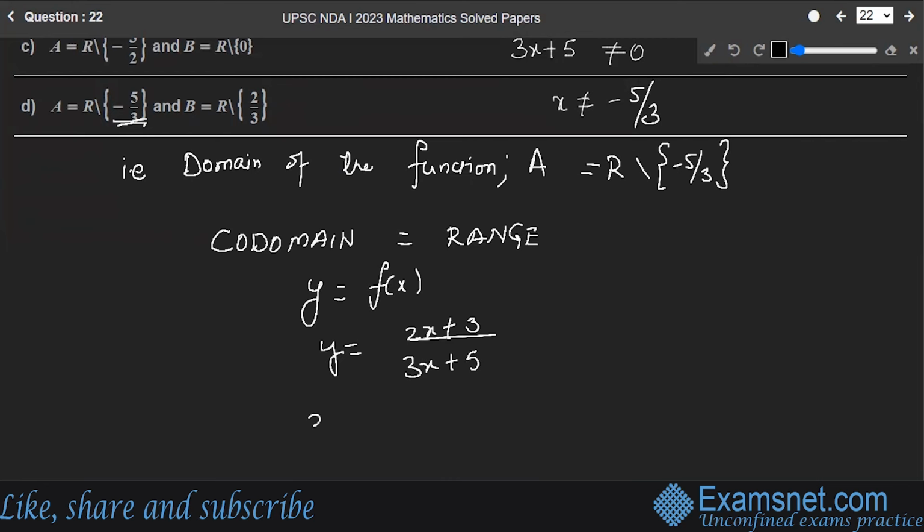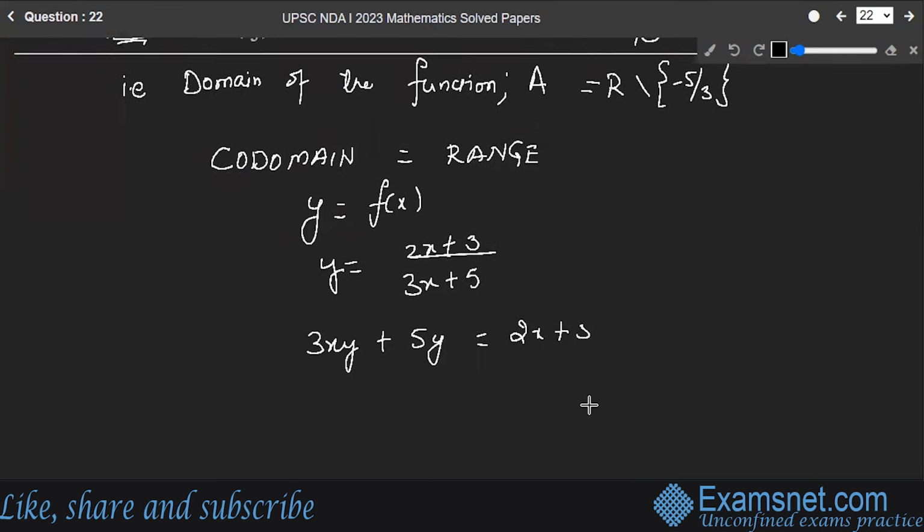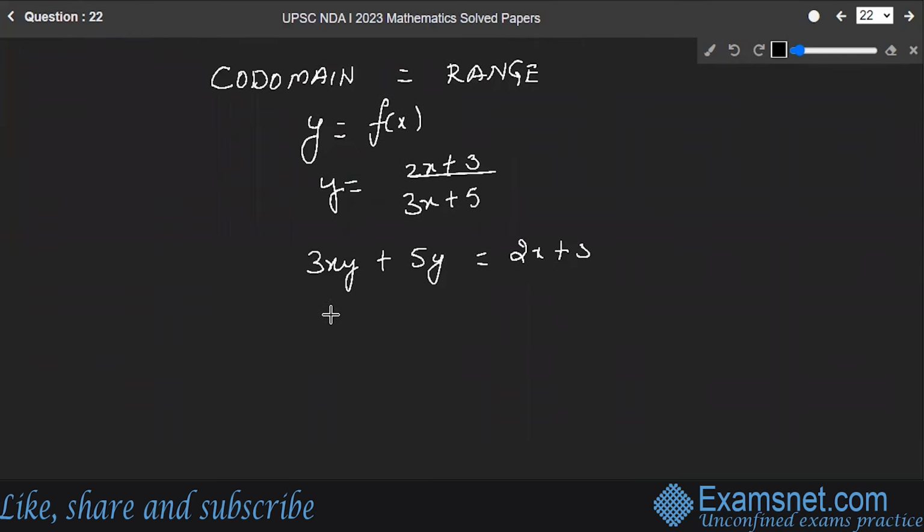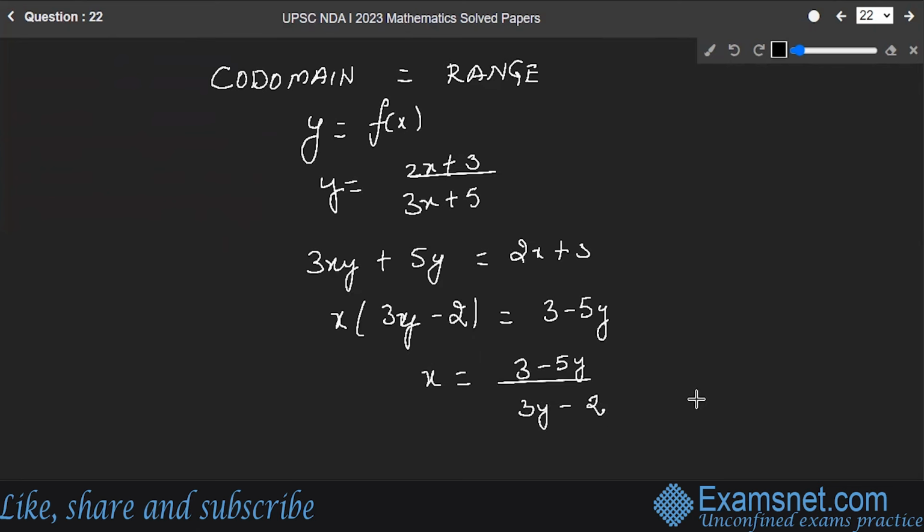Do the cross multiplication. 3xy plus 5y is equal to 2x plus 3, which gives you, let's take the x common, so it will be x(3y minus 2) is equal to 3 minus 5y, or x is equal to (3 minus 5y) upon (3y minus 2), right?